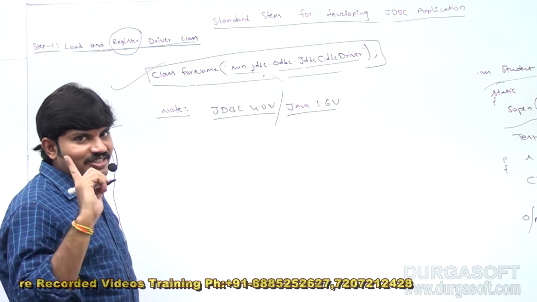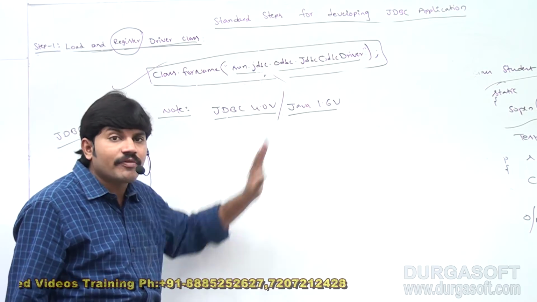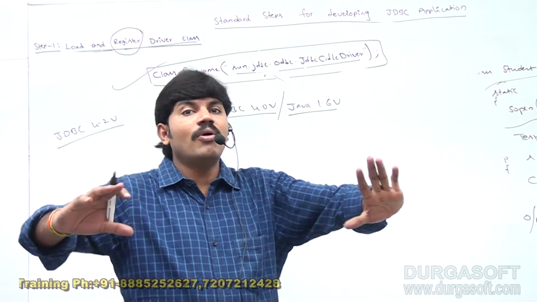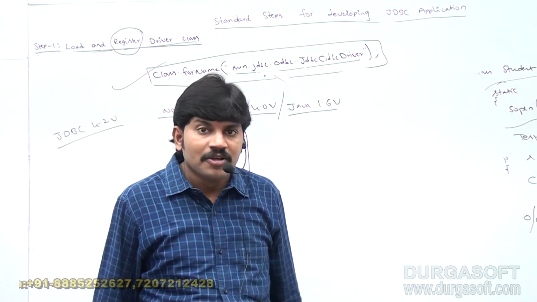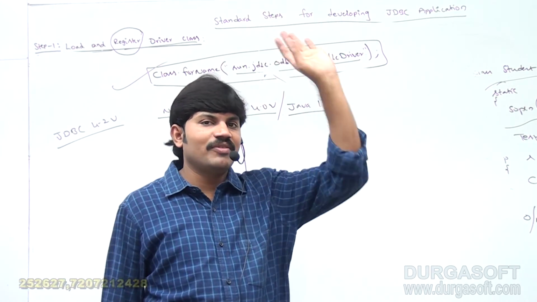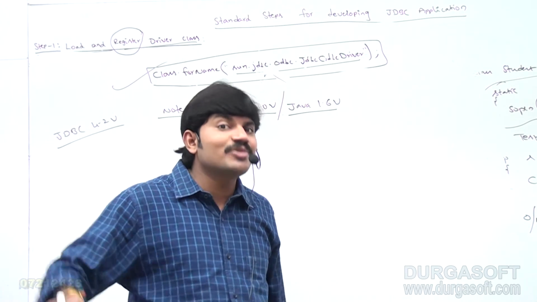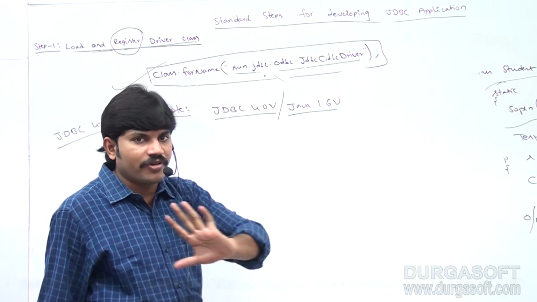Listen very carefully, it's good news, sir. From JDBC 4.0 version or Java 1.6 version onwards, we are not required to load and register the JDBC driver explicitly, because from the class path the JVM will automatically load the driver class, right? So from 1.6 version onward, this step we are not required to perform.